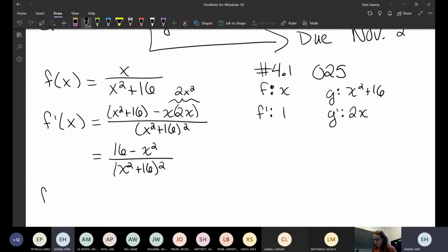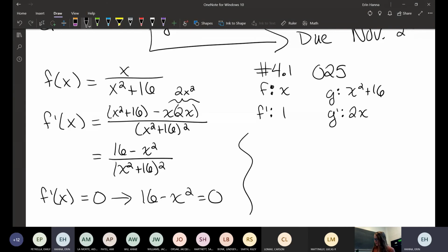So we want to set this equal to 0. Remember, I gave us a little shortcut that if it's a fraction, you just need to set the numerator equal to 0. I'm doing this somewhat quick because we're slightly running out of time. And then we need to find if the derivative is ever undefined.